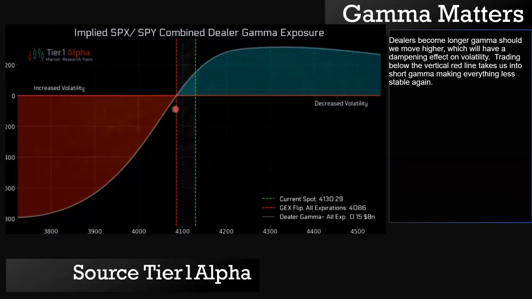You see right here at 4086, this is where the gamma flips. So this is neutral. If price trades below there, that is going to take us into that instability. And as price goes lower, dealers need to short additional contracts as those puts gain value that they've sold.